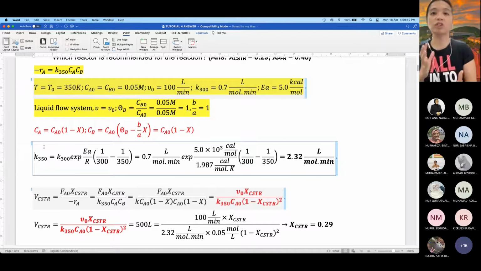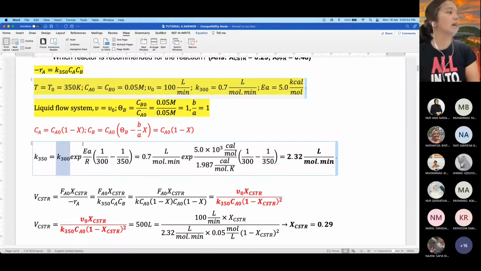So the Arrhenius equation is given. Arrhenius has two versions, and we use the second one, which tells us K2, K at 350, equals K1, K at 300, times exponential of EA per R in bracket 1 per T1 minus 1 per T2.